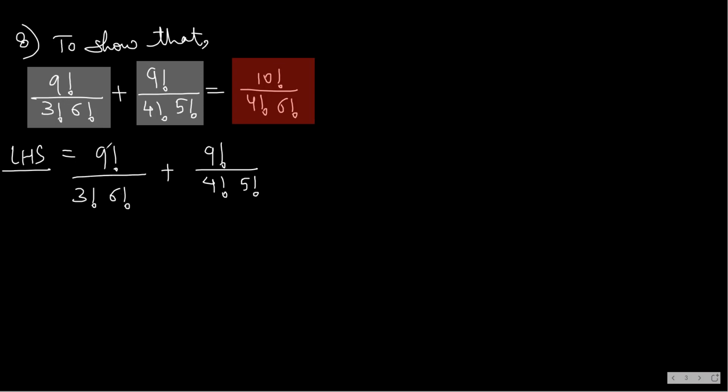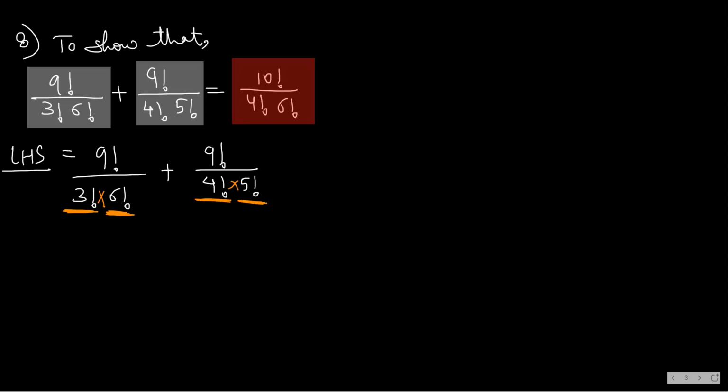See, on the left hand side, the two terms you have, their numerators are same. Both of them have the same numerator, 9 factorial. In the denominator, you have two factorials multiplied, 3 factorial, 6 factorial, and here 4 factorial and 5 factorial.